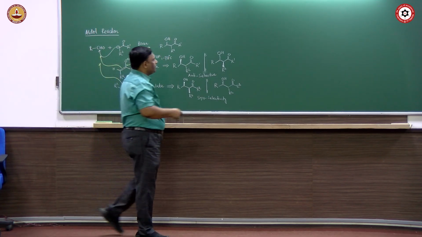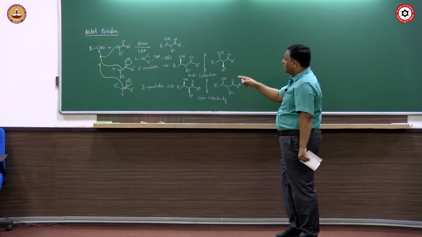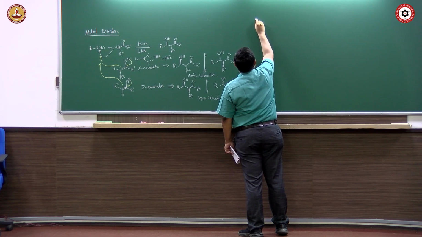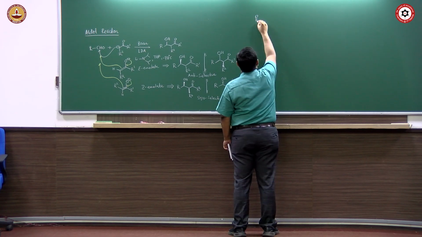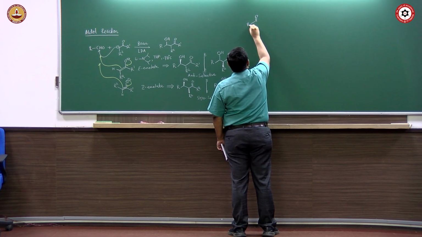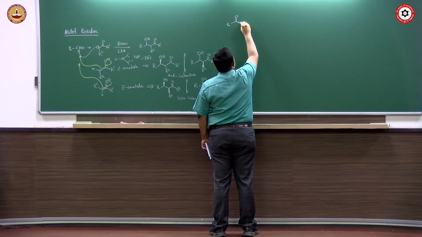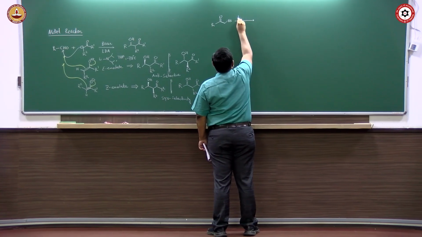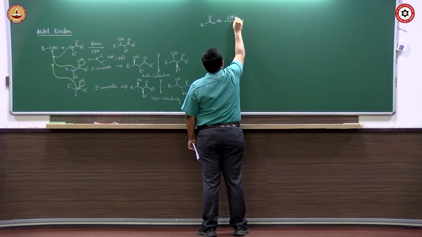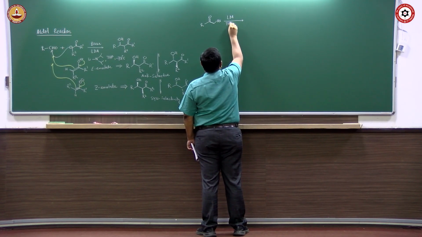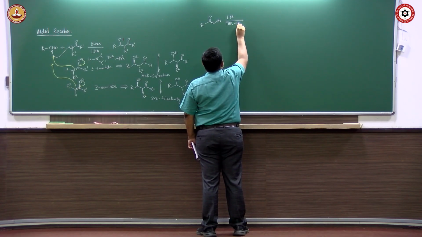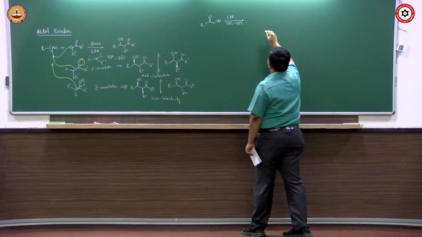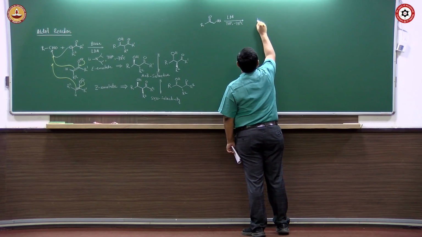So if I try to rationalize at the beginning what we are going to look at, let's take an example: we have a simple R, and we have a methyl here, and at this condition we are adding the LDA in THF solvent at minus 78 degrees centigrade.